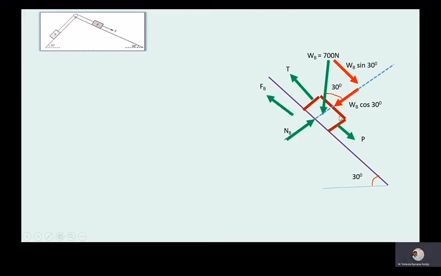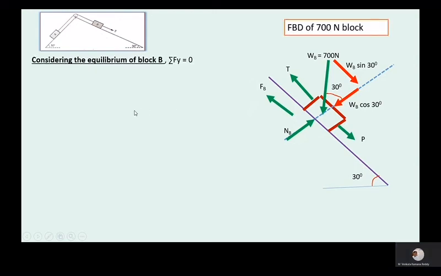That is summation of the forces along the incline is equal to 0, and summation of the forces normal to incline is equal to 0. First we'll consider summation of the forces normal to incline. The forces normal to incline are NB and WB cos 30. NB is equal to WB cos 30. Upward forces positive, downward forces negative.